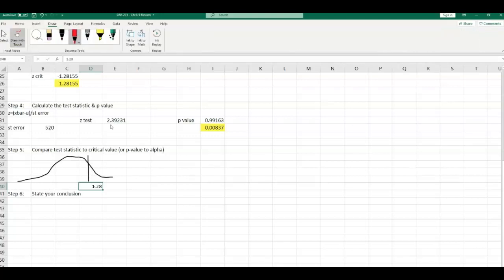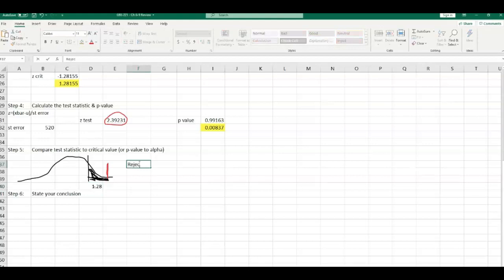Our test statistic, however, this 2.39, is going to fall even further over on this right side. And we said that anything that fell in this tail, anything to the right of our critical value, because it's a right-tailed test, we would then need to reject the null. So when comparing your test statistic to your critical value, you saw that your test statistic fell within the rejection zone created by your critical value.